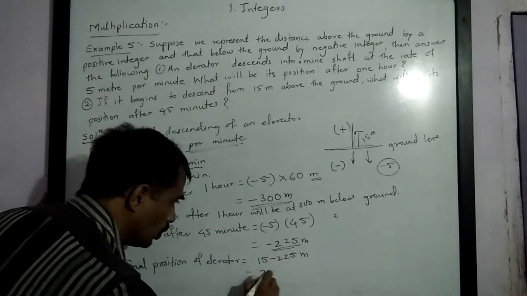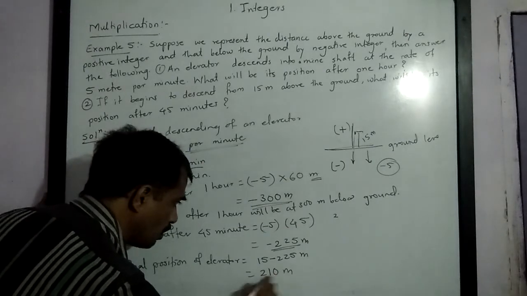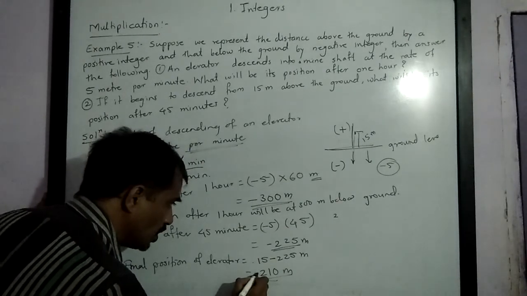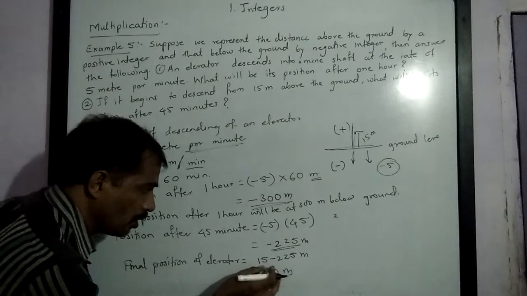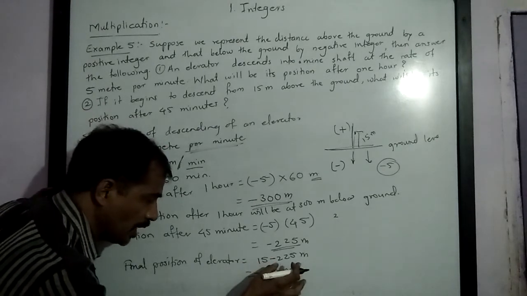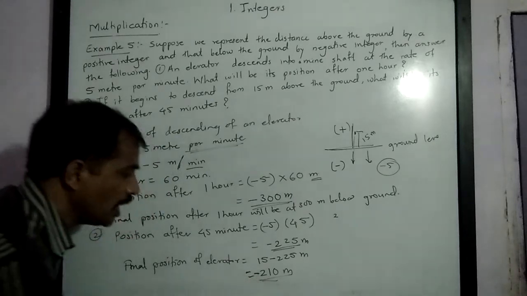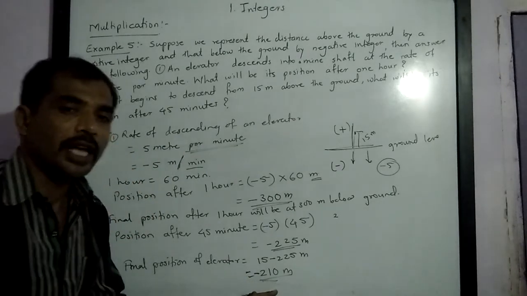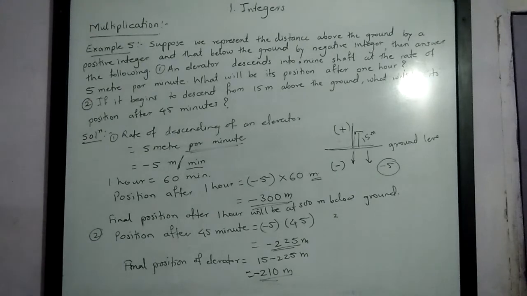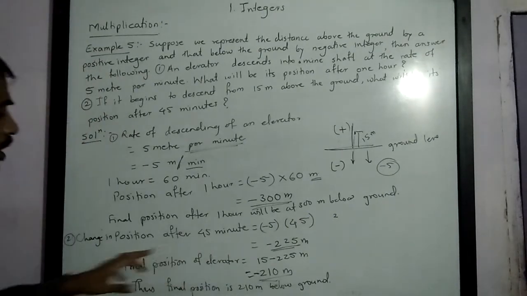So that is equal to 210 meters. Please try to understand, positive into negative is negative, or you can say one integer is positive, one integer is negative. So we have to do the subtraction, give the sign of the bigger magnitude integer. So this will be -210 meters.